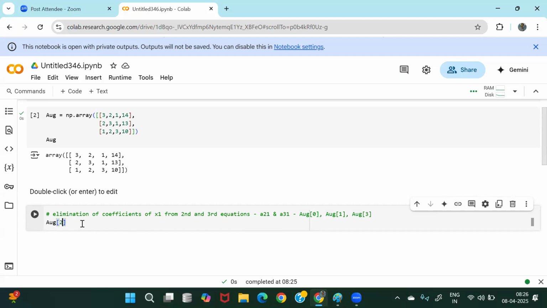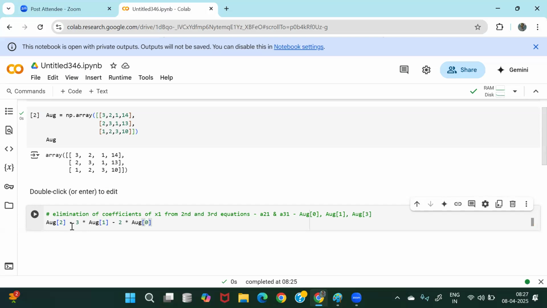Now, the second row is replaced by, reference is the first row. So 3 into row 1 minus 2 into all elements in the zeroth row.